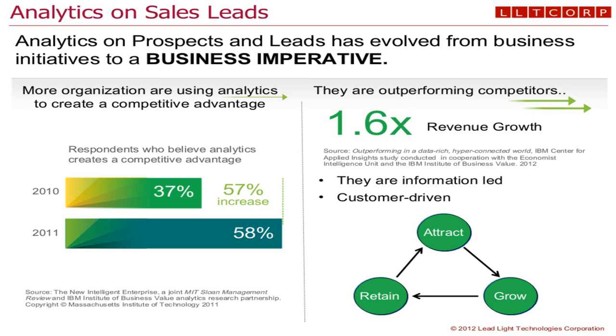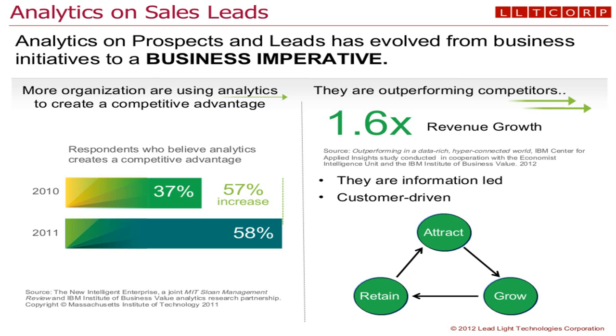There's been a big increase in people's understanding that this is a way to do it. It's gone from a 37% of belief to a 58% belief, and that's based on a Sloan study. And you can see it providing tangible results in a 1.6 times revenue growth compared to their competitors. And that's based on a study in conjunction with The Economist.